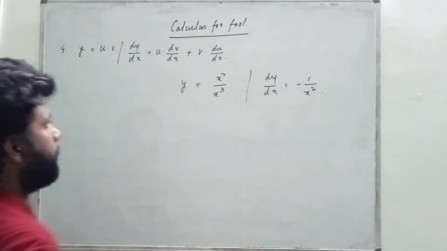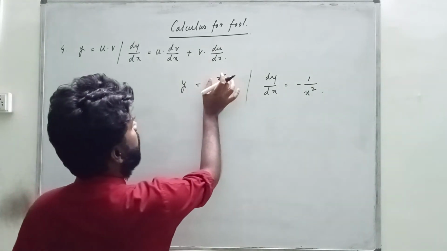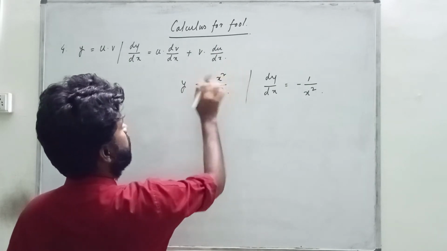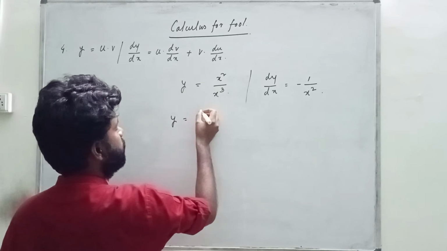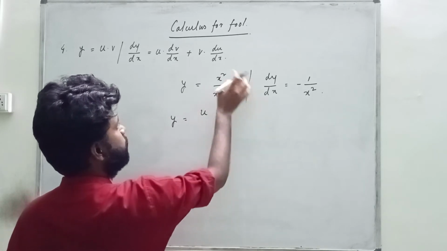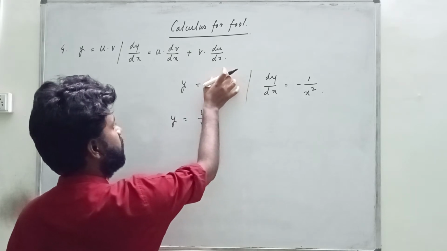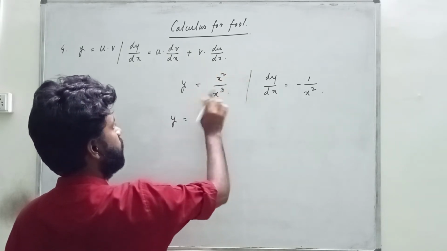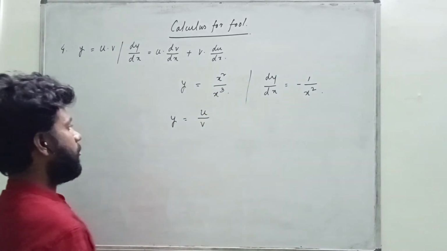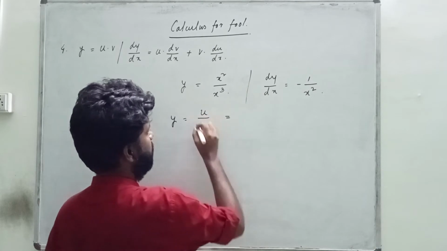Right? Okay. So if I introduce x square here, x square means u and x cube means v, right? And obviously, all of you know what is this thing actually.